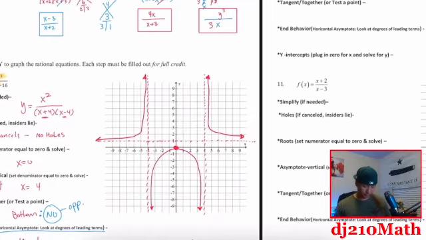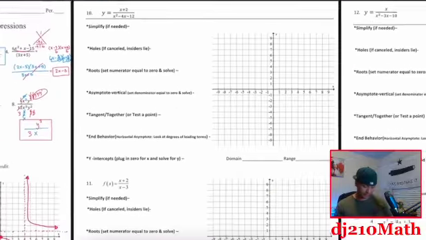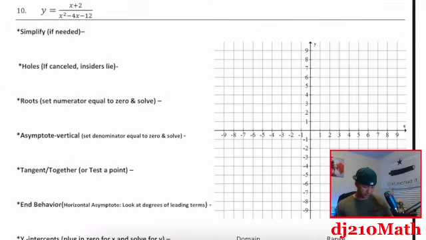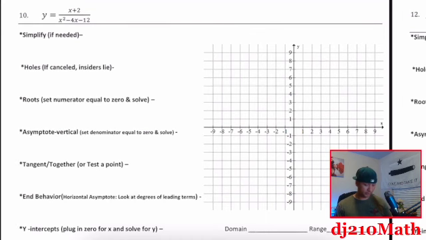Okay, is there more graphing? Yeah, there is. Okay. So let's try it again, shall we? First thing I'm going to do is simplify this. We can simplify the bottom.